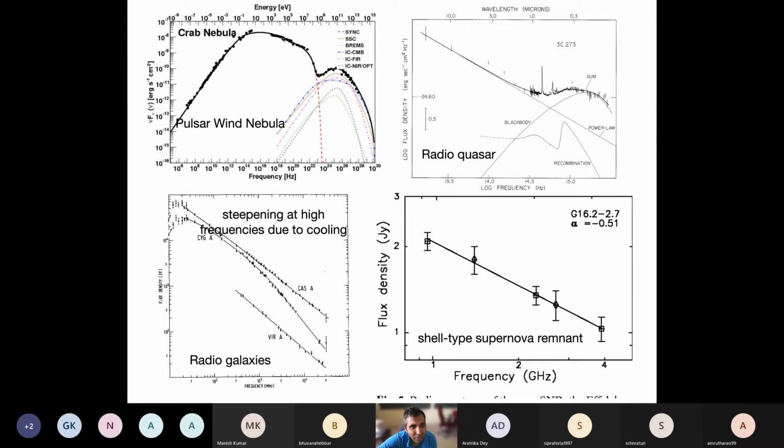Corresponding to this, at much higher energies you have the same minus (p minus 1) by 2 type spectrum, but the range is much smaller. Okay, do you see it? So at low energy it's synchrotron. At higher energy, there is a counterpart because of inverse Compton scattering.